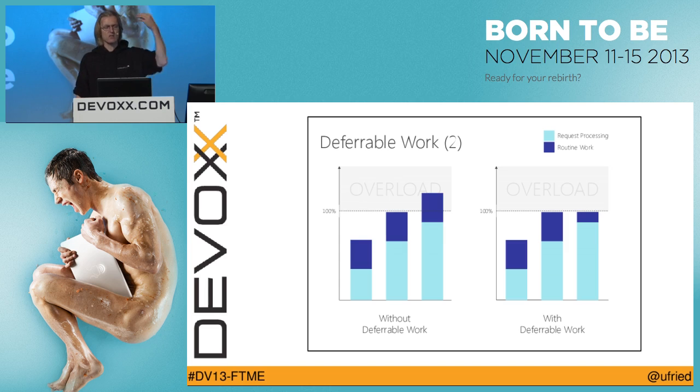It's that add-on routine work which is going to cause the overload situation. And maybe that stuff's deferrable. So what we actually want is a pattern like that. Here we don't want to do anything, but if we're getting closer to the overload situation, we want to cut down that routine work a bit and make sure that we're not going into the overload area, if possible, which is quite often okay and feasible.